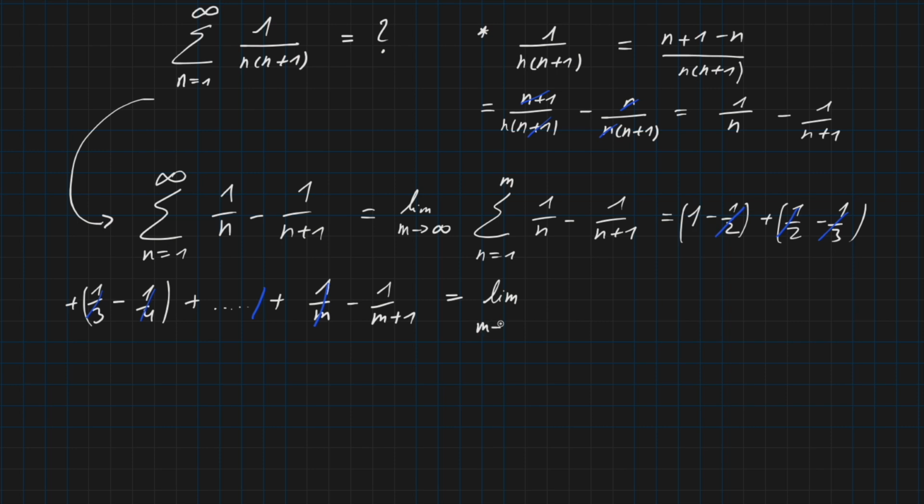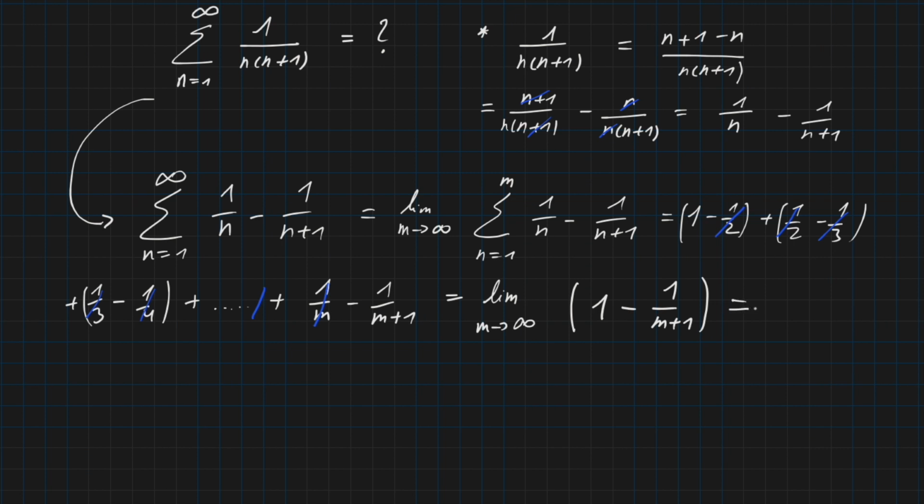So actually this whole sum is just the limit where m tends to infinity of 1, the first term, minus 1 over m plus 1, the last term here, which also didn't cancel out. And here it's actually very easy to see that the second term, 1 over m plus 1, goes to 0 if m tends to infinity.